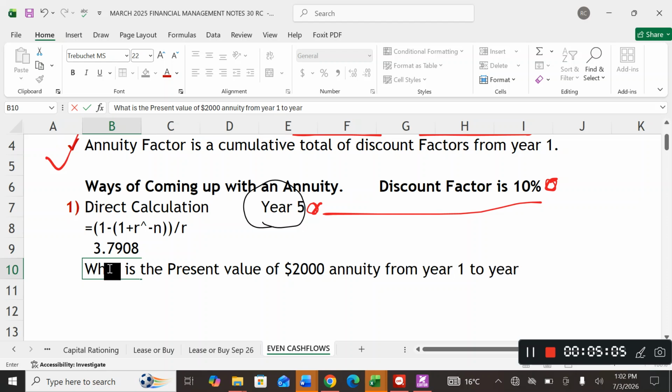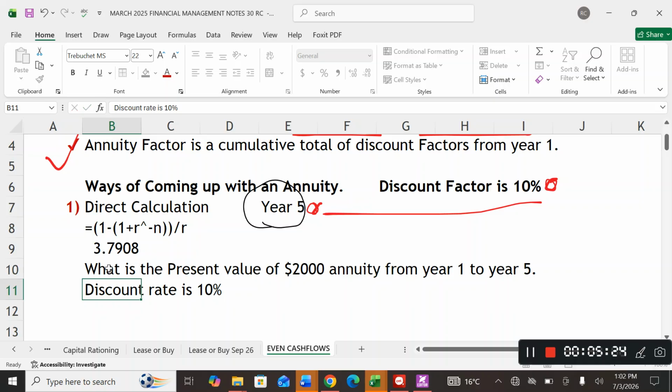So if I want to find the present value of the 2,000 that I'm going to receive every year from year 1 up to year 5, I'm going to assume that my discount rate is 10%.